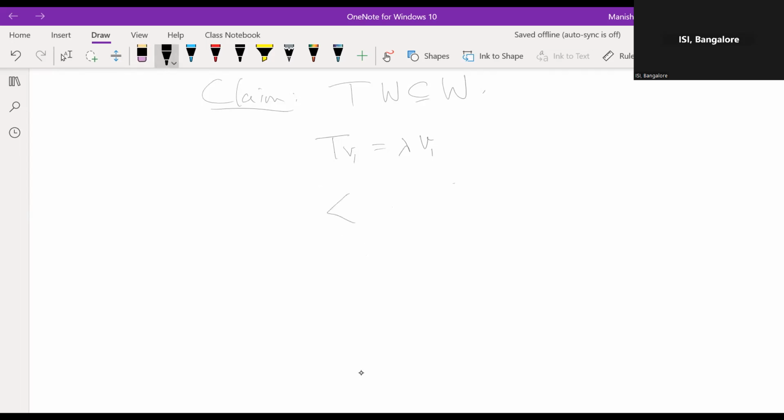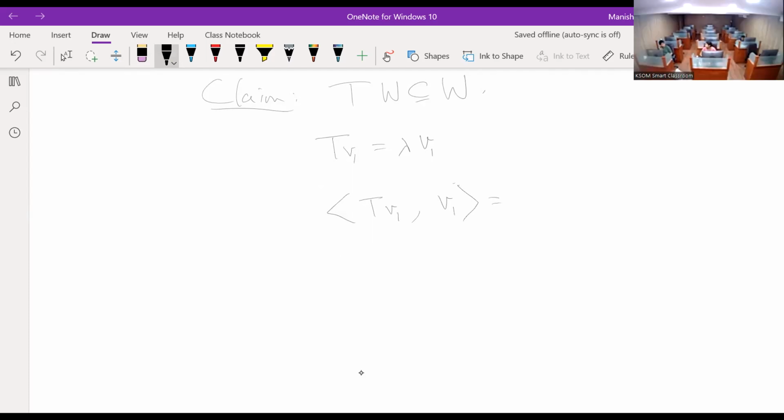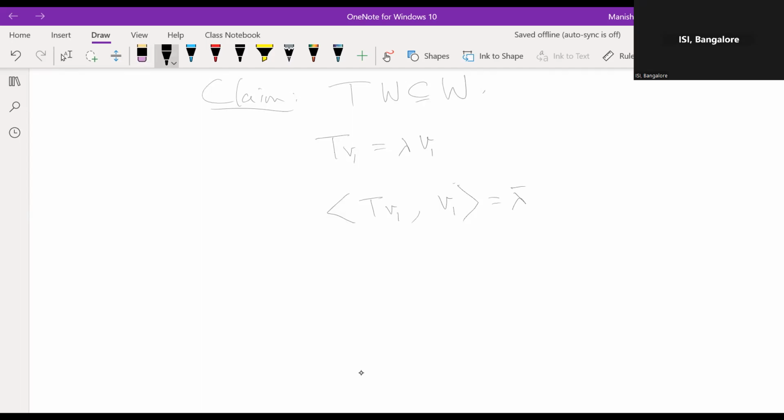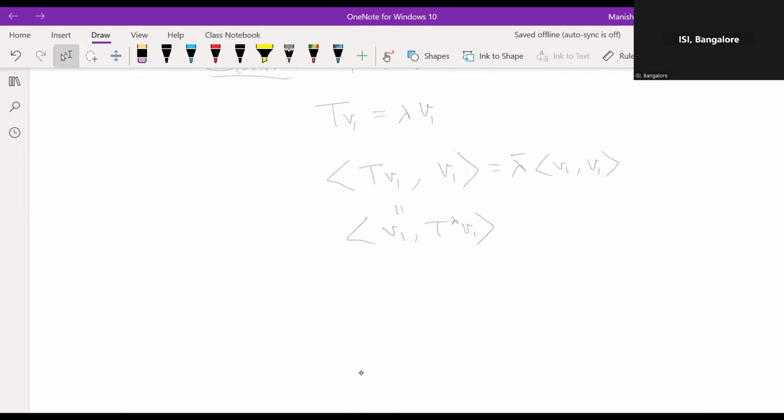Okay, so the inner product of T V1 with V1, which is lambda times the inner product of V1 with V1, is just lambda. But this is the same as the inner product of V1 with T star V1.